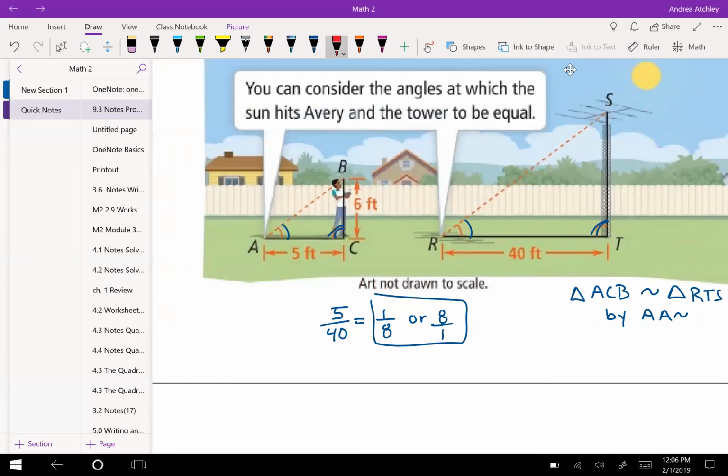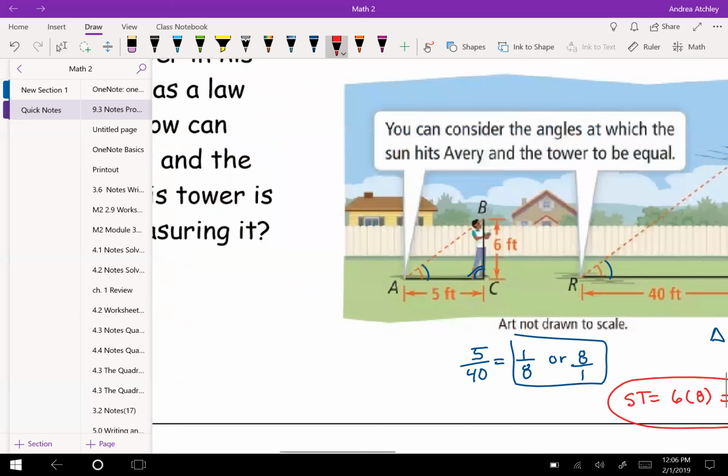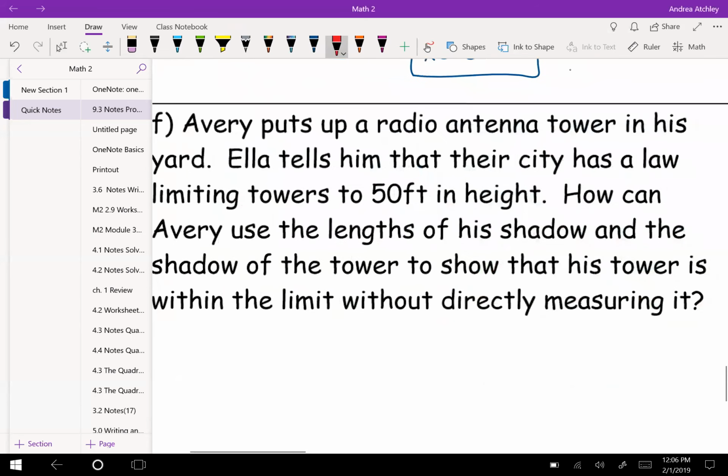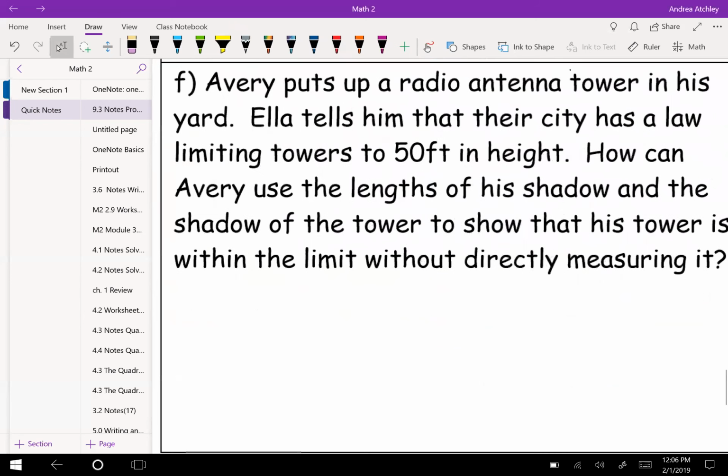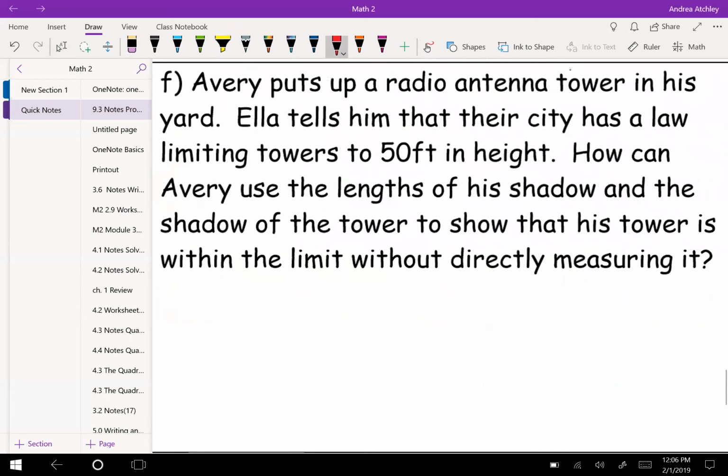It's 8 times bigger, right? Okay, very good. So ST is going to equal 6 times 8, which would be 48 feet in this case. So does that fit within the city's law? Yes.